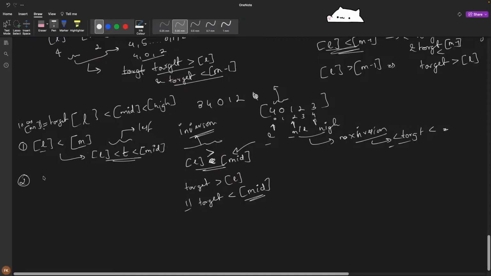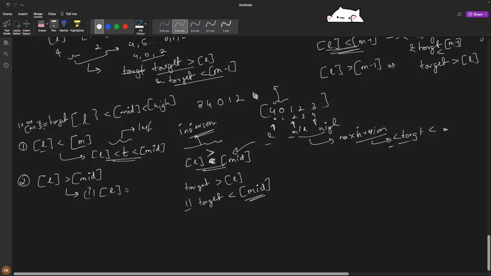Or in case L is greater than mid, then it is rotated between these two. Then we only check two conditions now.